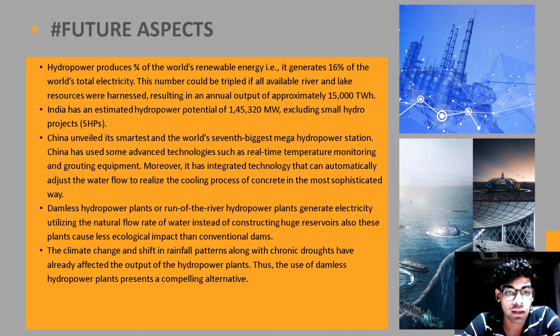Damless hydropower plants or run-of-the-river hydropower plants generate electricity utilizing the natural flow rate of water instead of constructing huge reservoirs. Also, these plants cause less ecological impact than conventional dams.